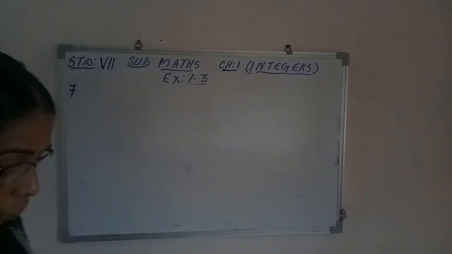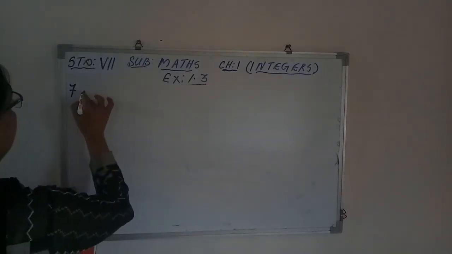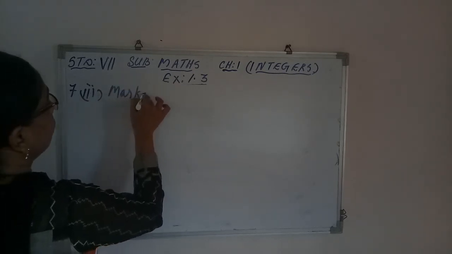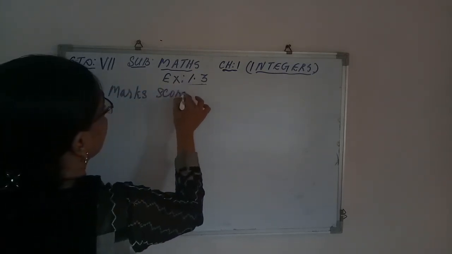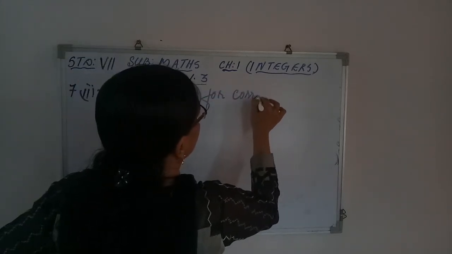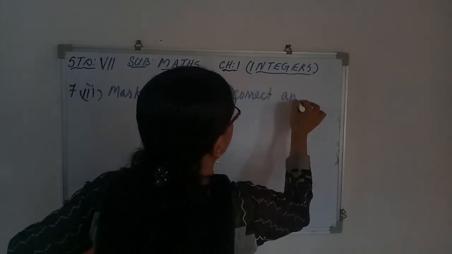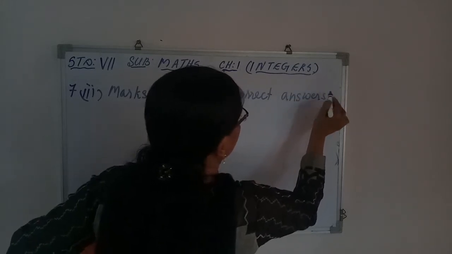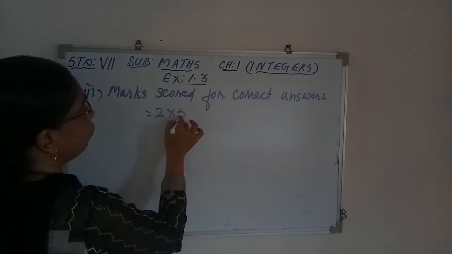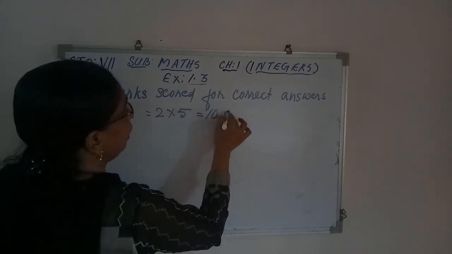So marks scored for 2 correct answers. She has answered 2 correctly. So we'll get 2 into 5, that's equal to 10 marks.